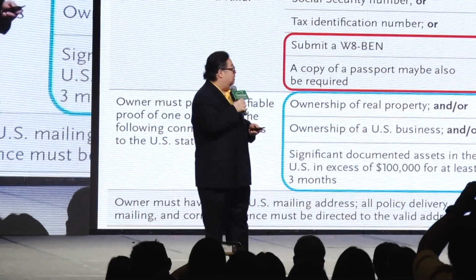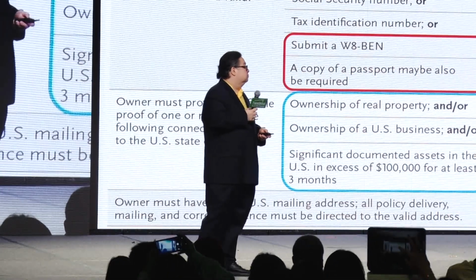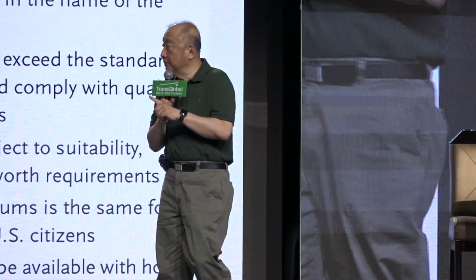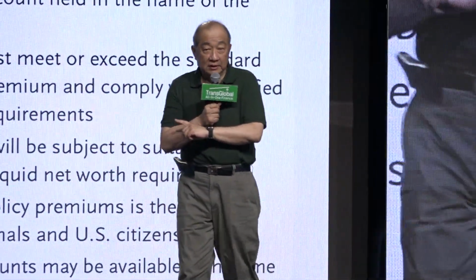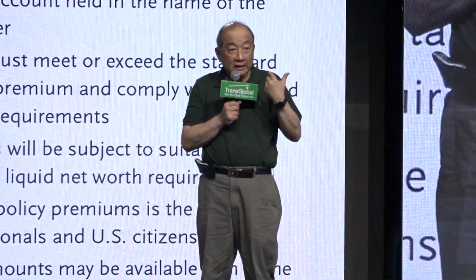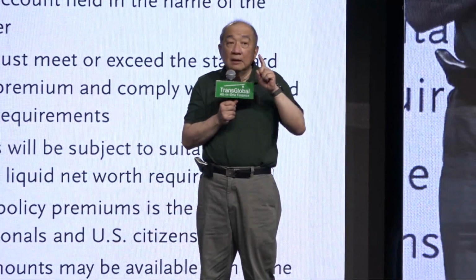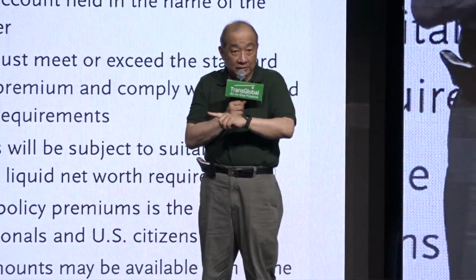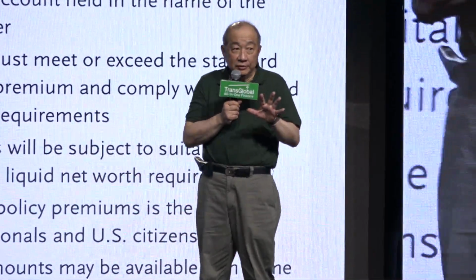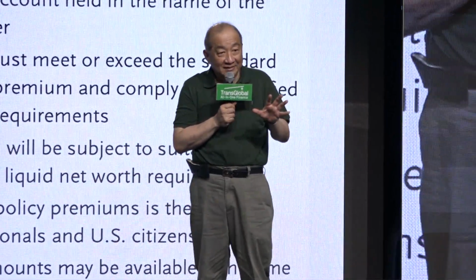When we talk about foreign national annuity, more agents ask, but one thing you have to understand before you even promote this is that when foreign nationals start taking income or taking the money out, the earnings need to be taxed. For a majority of countries, you need to pay 30%.